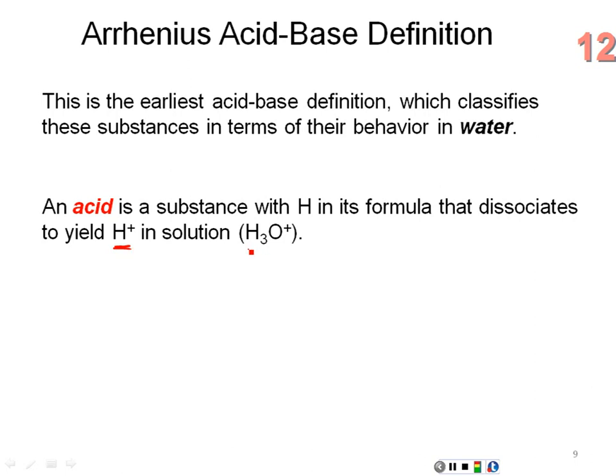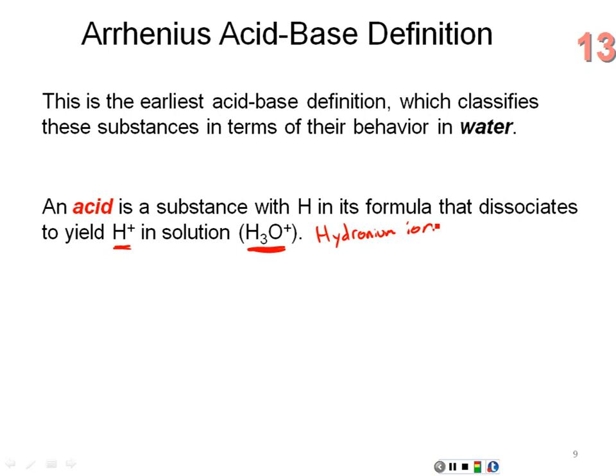You always get H3O+. This is called the hydronium ion. So H+ is never isolated in water. It's always in the form of hydronium ion. So H+ and H3O+ are equivalent terms when you're talking about acids. So I might call this the acid concentration later on in this lecture. I might also refer to it as H+ concentration or H3O+ concentration. All three of those terms are equivalent.